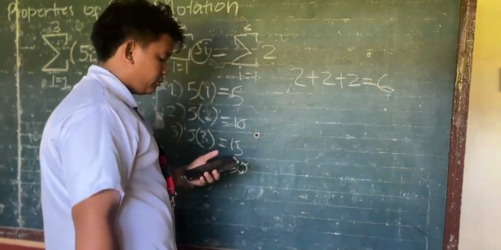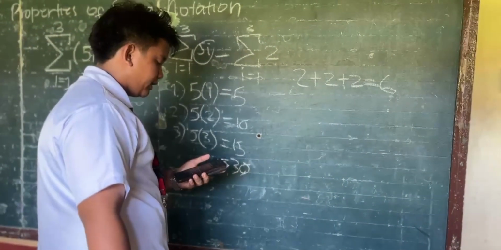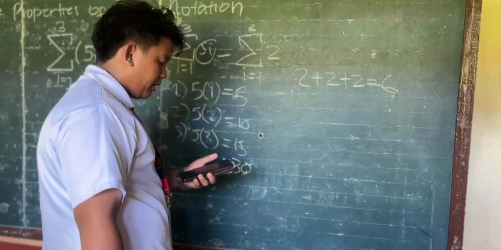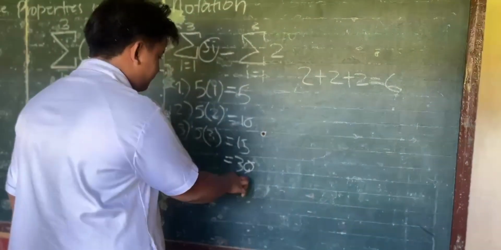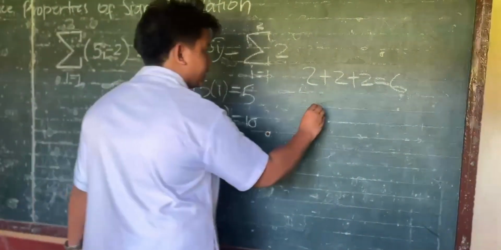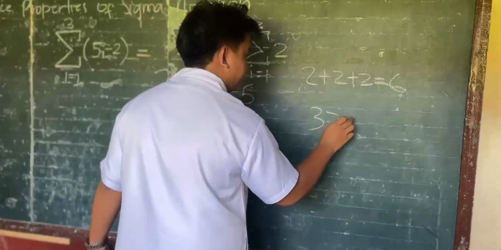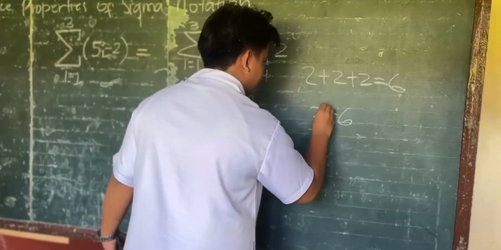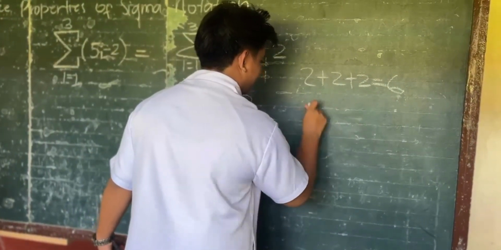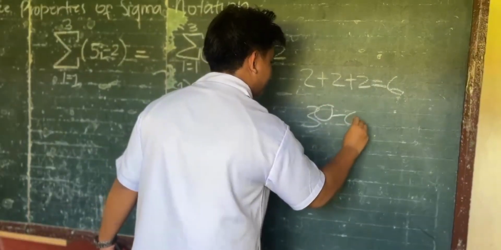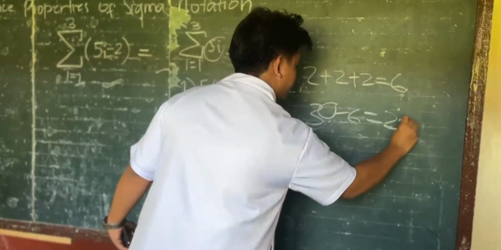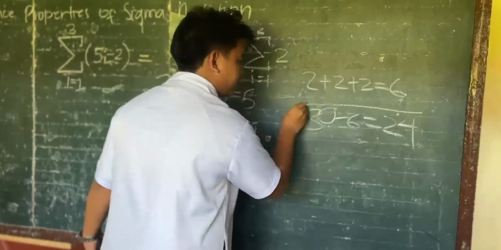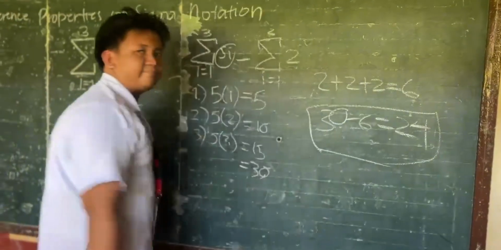And the last step is to find the difference and subtract the second sum from the first sum. Our first sum that we got is 30. So 30 minus 6 is equal to 24. So this is our final answer.